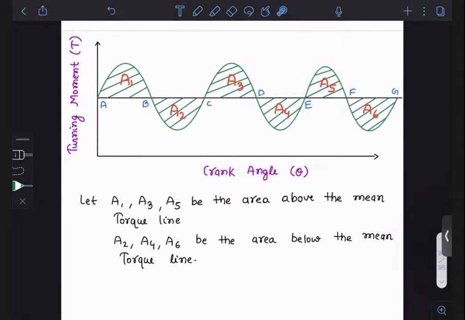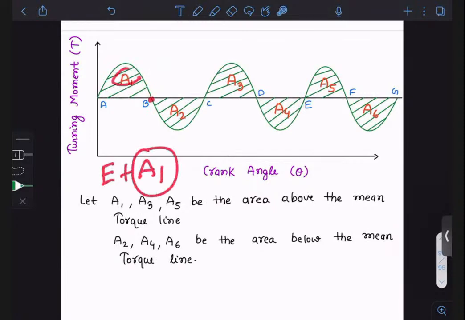Let's suppose the energy in the flywheel at point A is E. E energy is stored in the flywheel at point A. And now the energy at point B in the flywheel, because the flywheel moves with a turning moment. This area is the positive energy stored in the flywheel. Therefore, at point B in the flywheel, the energy is E plus A1.